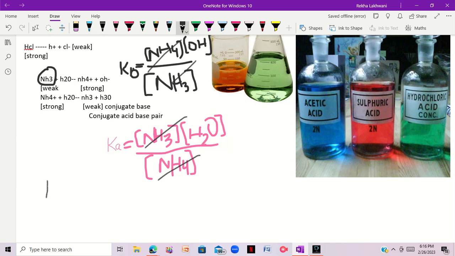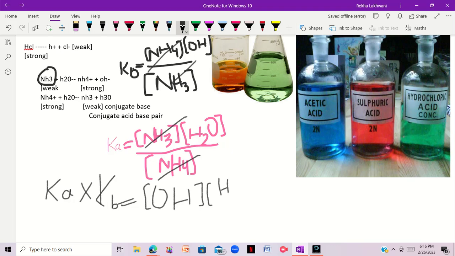So here Ka multiplied by Kb is equal to, if you multiply, we will get OH- and we will get H3O+. So basically this OH- and H3O+, right?